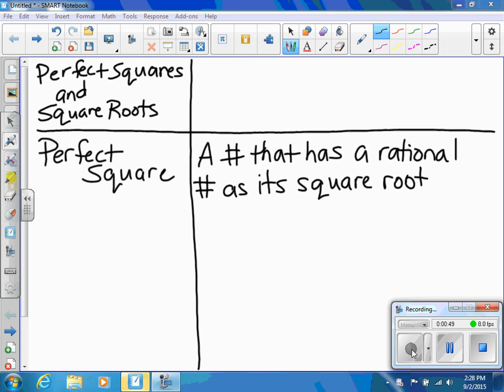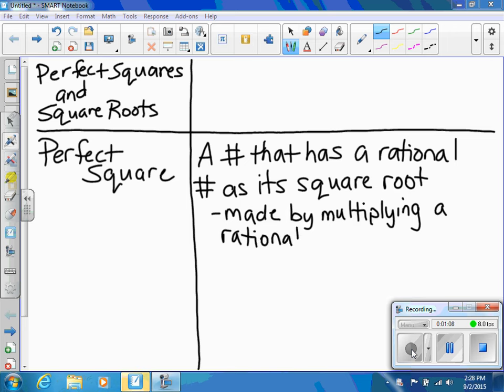And just to help you understand what it is, since it's using both words to define each word, this is also made by multiplying a rational number by itself.